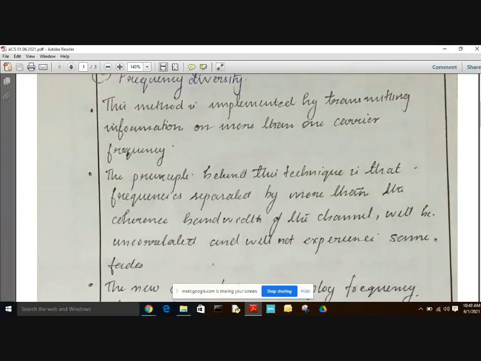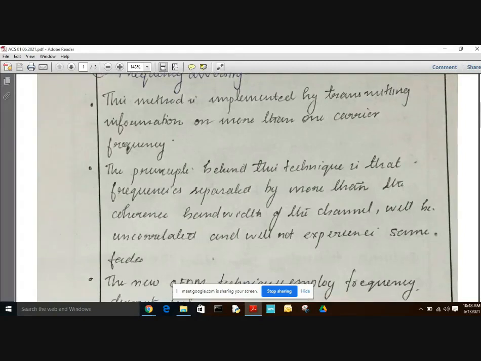So the principle in frequency diversity is that frequencies separated by more than one coherence bandwidth will be uncorrelated, and the channel will not experience the same fading. Each channel will experience a different fade.